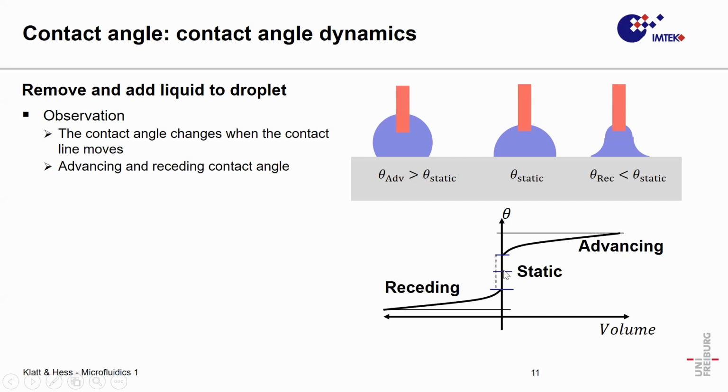If you add liquid to your droplet, the contact angle gets bigger and bigger. If you remove the liquid, the contact angle moves back to the static case. And if you remove even more liquid, the contact angle moves into the receding state and gets lower than the static contact angle.